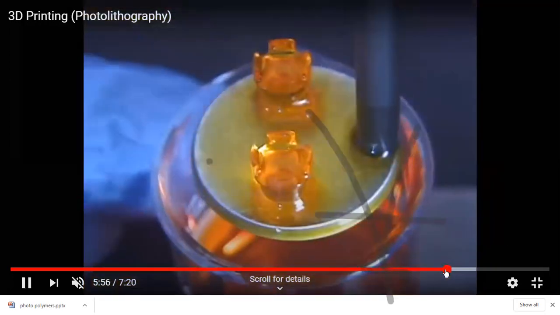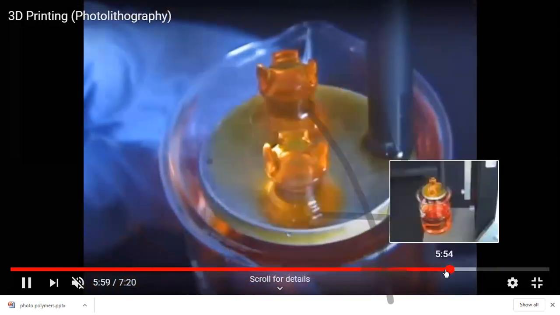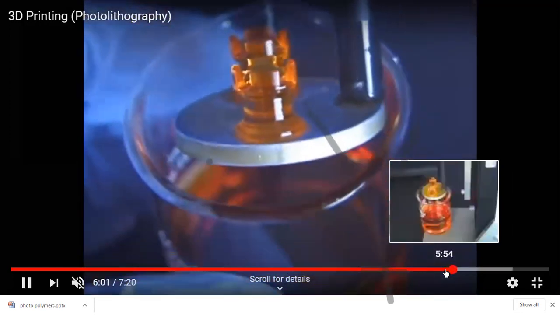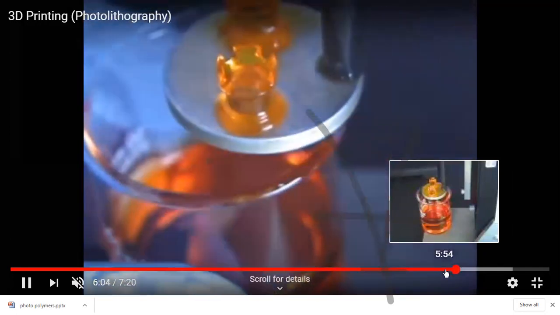So the products are developed. The product is completed by using these photolithography operators.